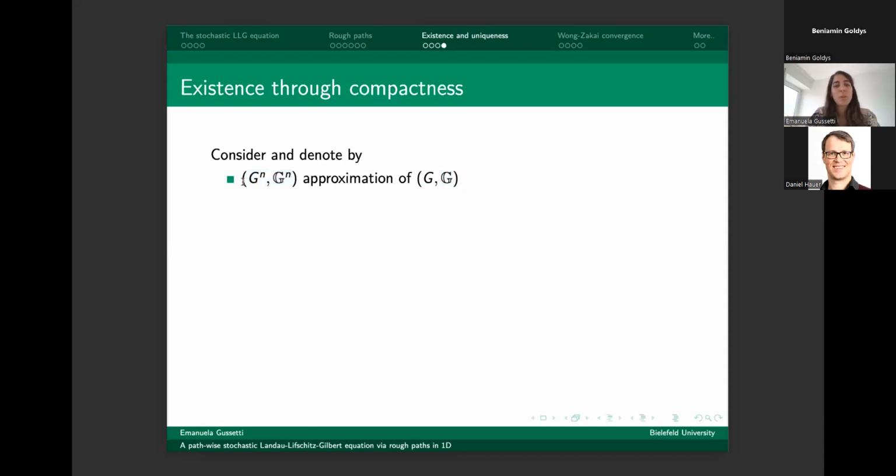So it's a very powerful tool, because we can really consider an approximation of the stochastic integral. Then we consider the solution associated to this approximation, which exists and is unique from standard results.